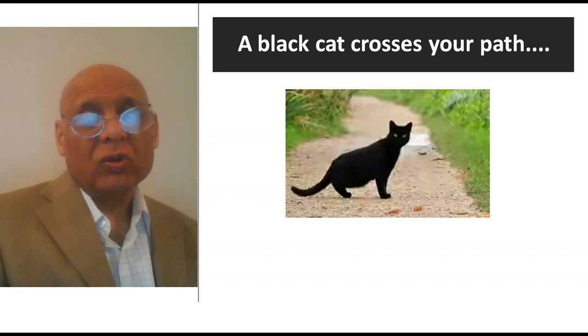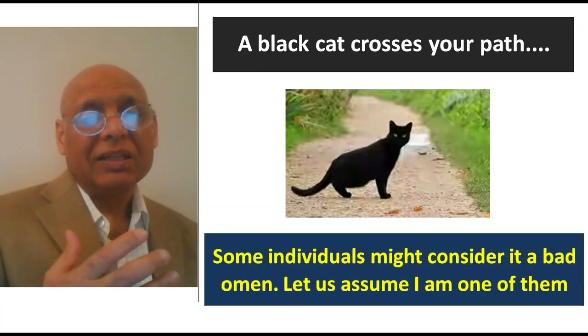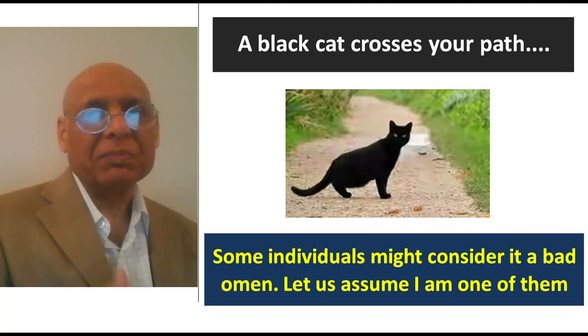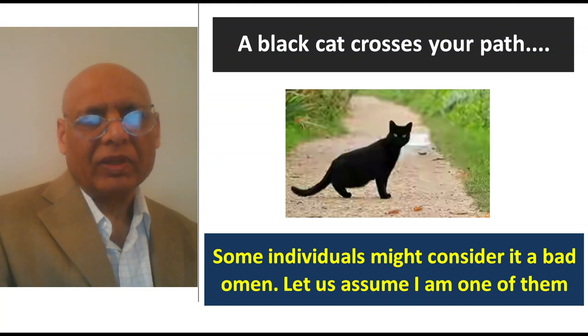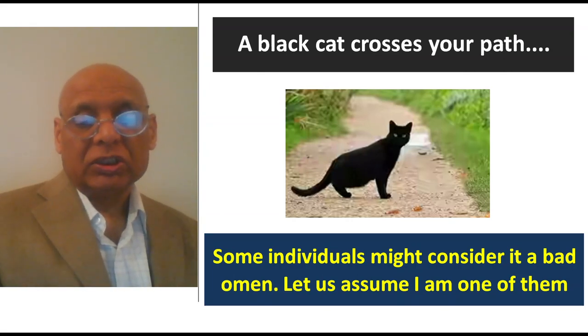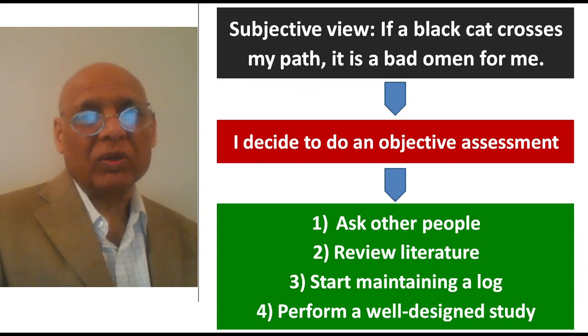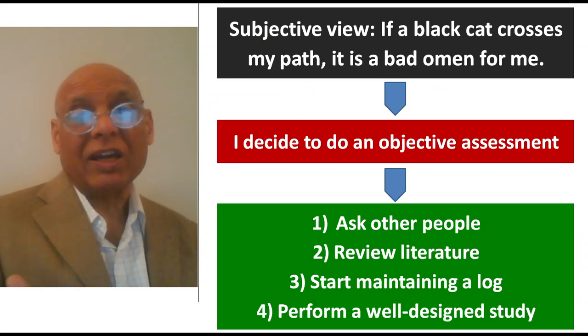So let's assume that I'm one of those people, and I also believe that if a black cat is going to cross my path, something bad is going to happen to me. Now, that's my subjective perspective, but I want to look at it in an objective way. So to remove the subjectivity out of it, because I don't have proof for that.